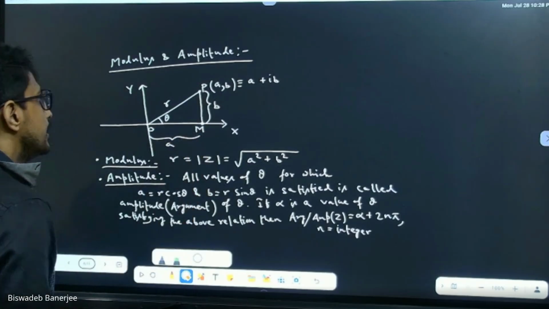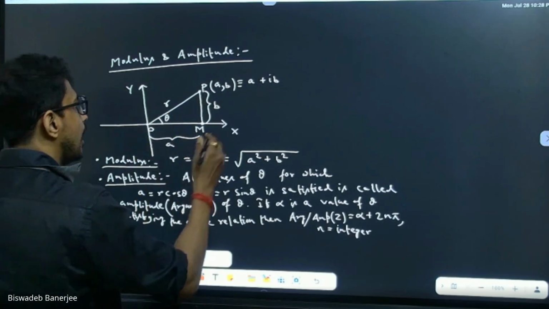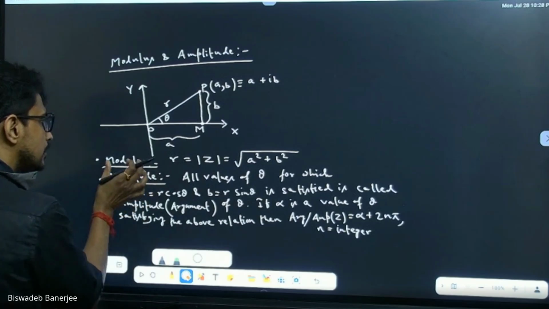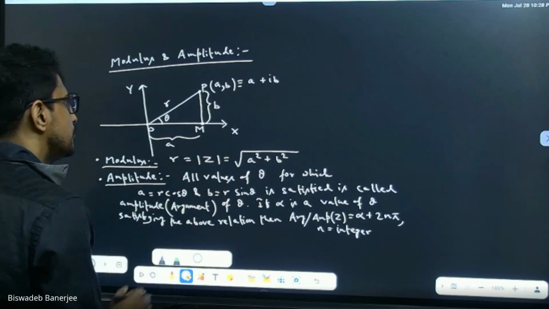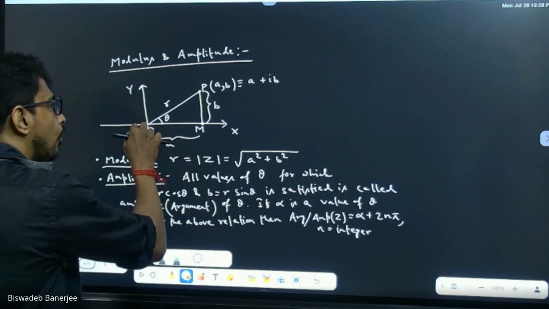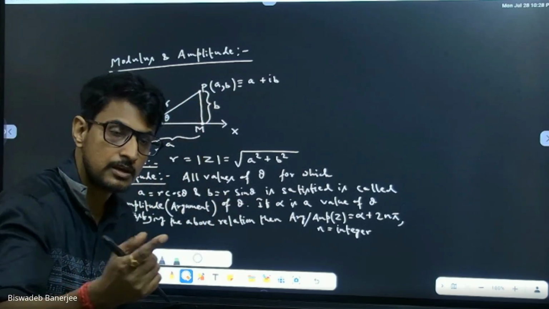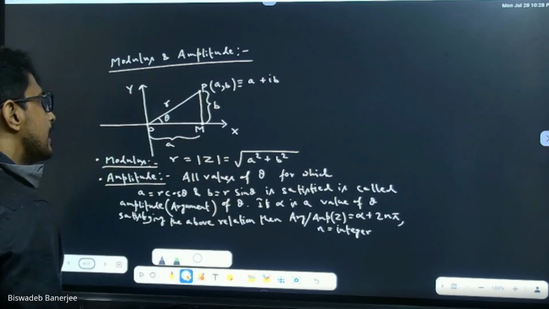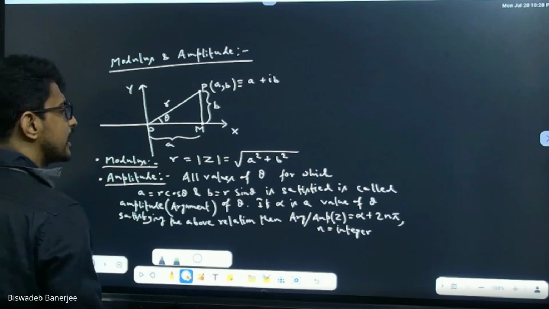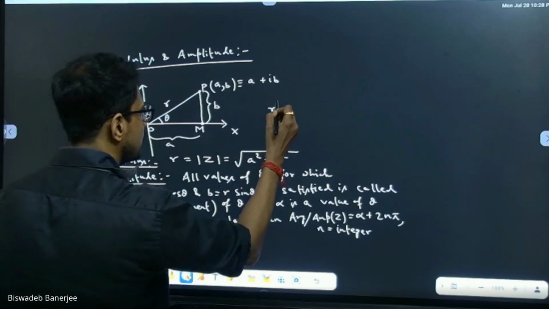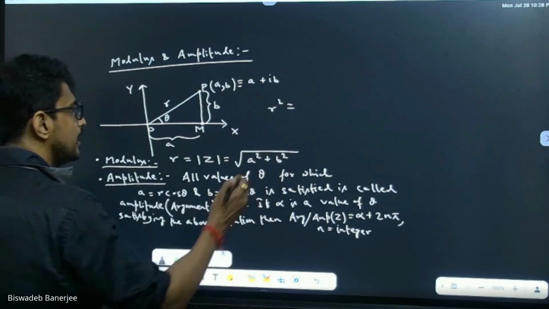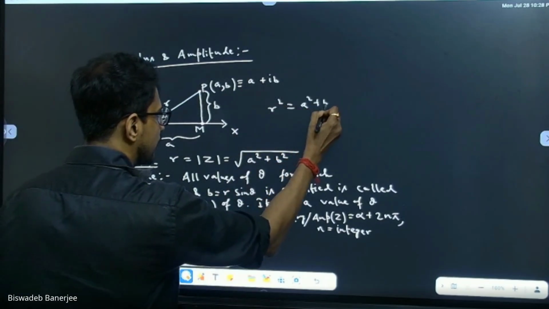In that case, this r is equal to the modulus of z. It is denoted by mod z. This is basically the distance between the origin and the point P, and it is called the modulus. Easily we can see this by the Pythagoras theorem. The Pythagoras theorem says my r square will be a square plus b square, right?